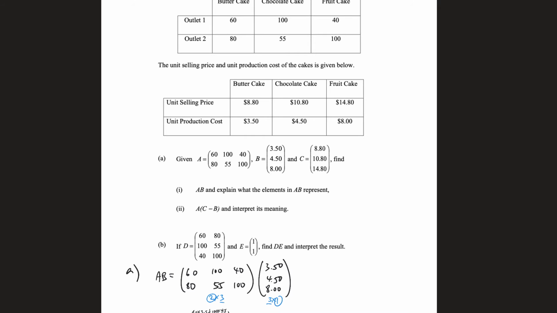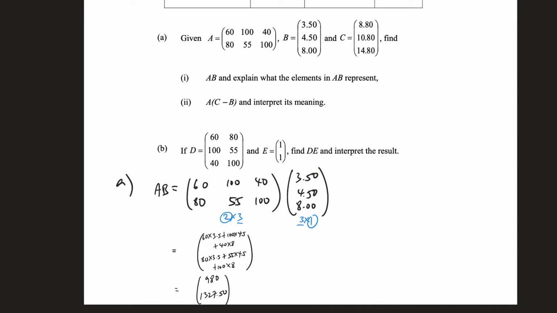If you see over here, this is 60 cakes sold, and 3.5 is the cost for each butter cake.